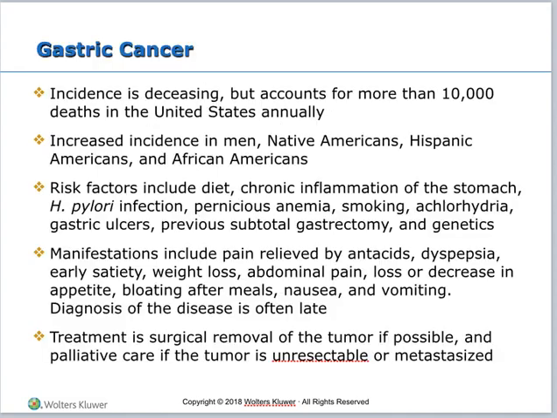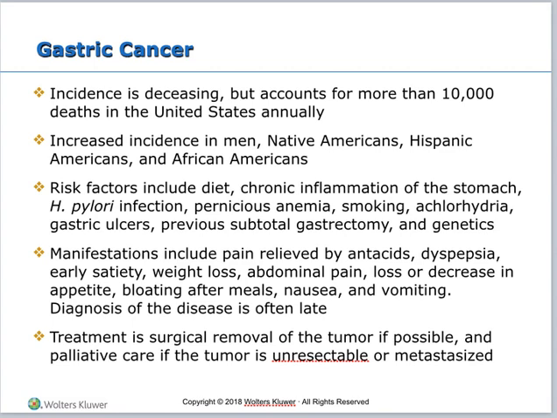Okay, so then let's talk gastric cancer. It's less frequent than it has been historically, but it's still common. There's an increased incidence in men, Native Americans, Hispanics, African Americans. There are some risk factors, which are listed on the slide.